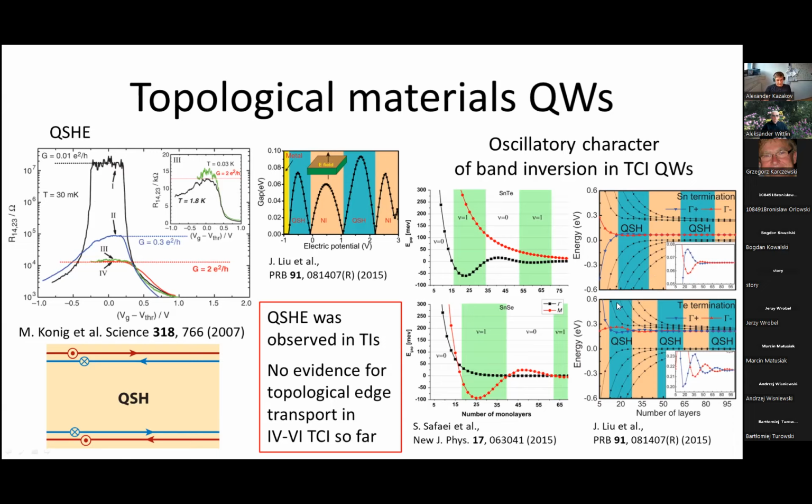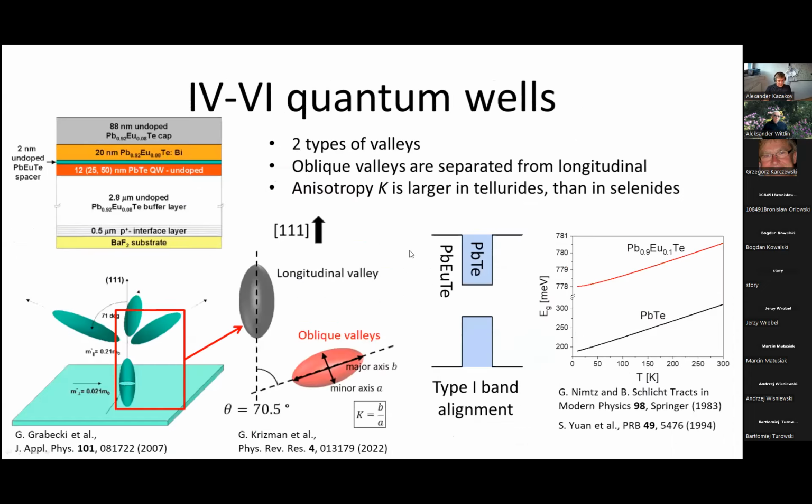It was calculated independently at MIT by Liang Fu, and also here in FPAN in Professor Buchka's group. Both of them saw that band inversion oscillates with the thickness. That's one hallmark of this effect, but it should also oscillate with the strength of the electric potential.